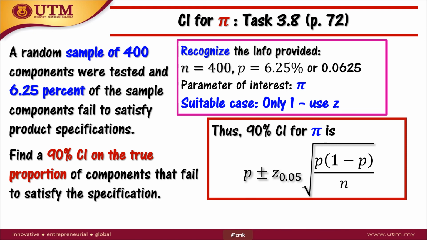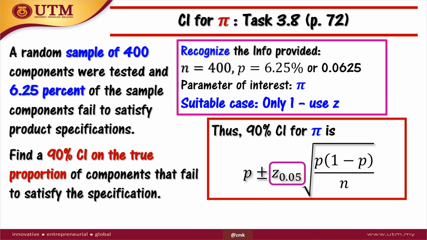Therefore, the 90% confidence interval for the proportion of components that fail to satisfy the specification is given as follows: P plus minus Z 0.05 multiplied by the square root of P times 1 minus P over n.